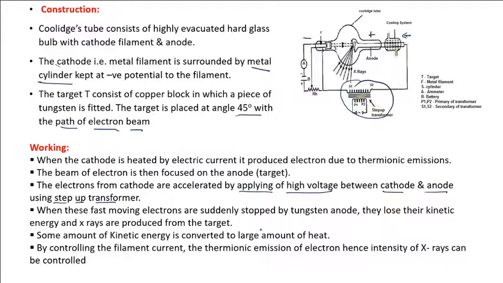So by controlling the filament current, we can control the intensity of X-rays. If we need high intensity X-rays, then we have to apply more current to the filament, right? And by controlling the potential difference between cathode and anode, the quality of X-rays can be controlled.